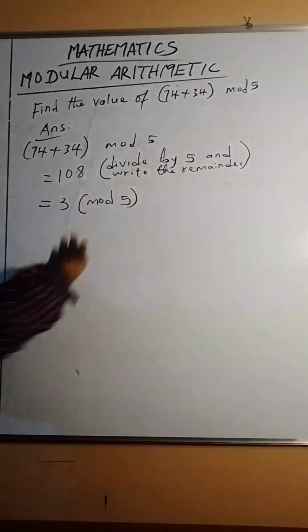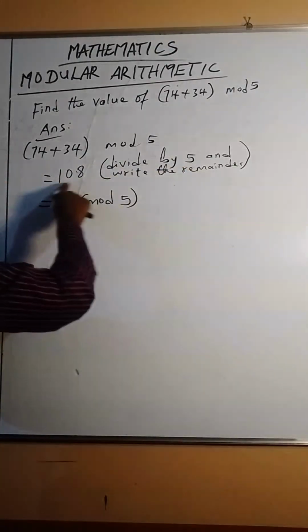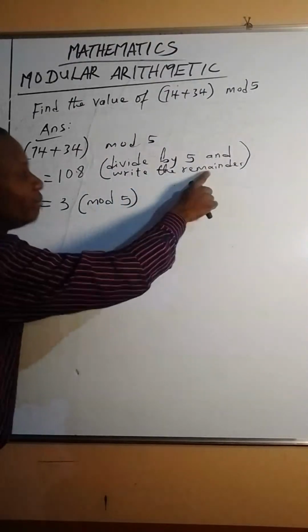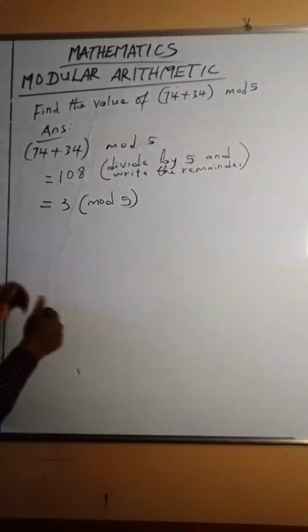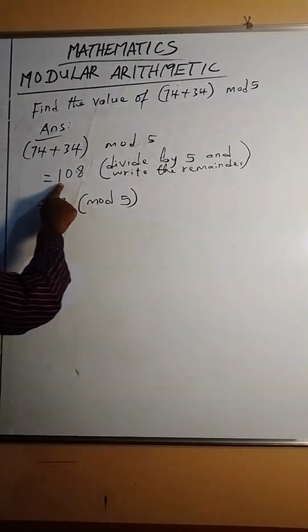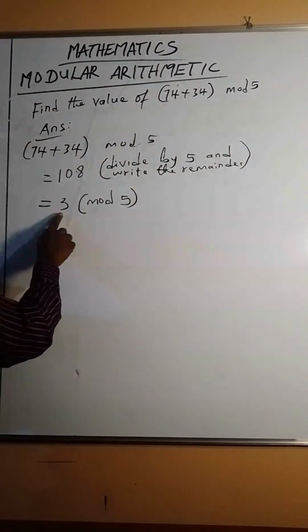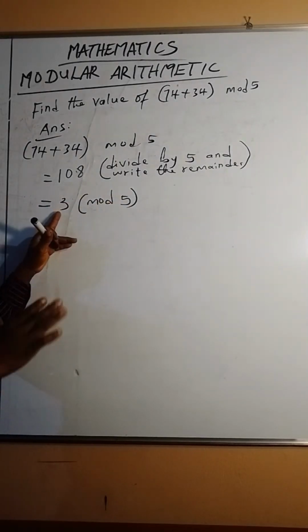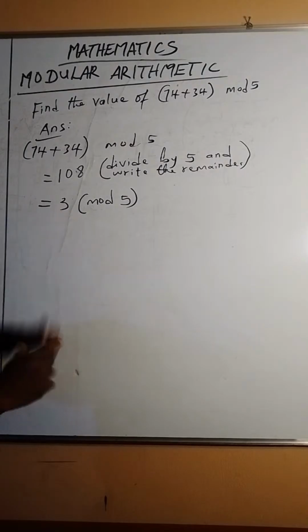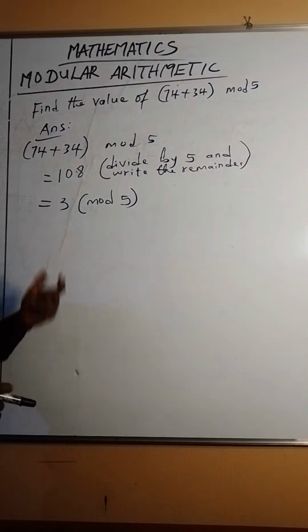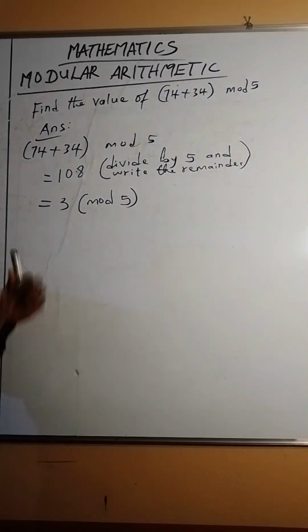It doesn't matter the number of times 5 divides this number. What's more important is that we write the remainder as the answer. When 5 divides 108, 3 will remain, and 5 cannot divide 3, so that's why 3 is the answer. That is how to solve a simple problem like this in modular arithmetic. Now we go to the next question.